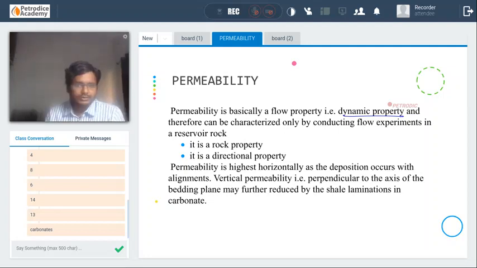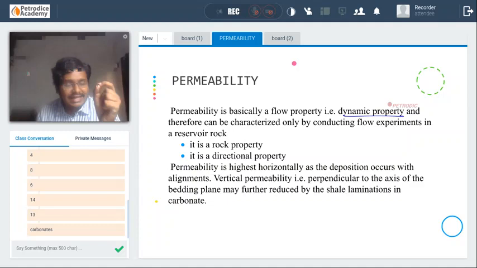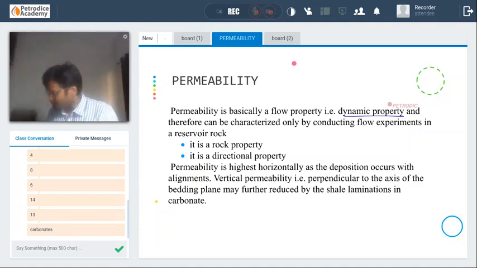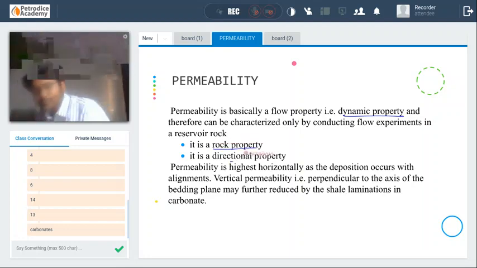Is it computed, guys? See, permeability, as I told you, is a flow property. That means it is allowing the fluid to flow through it. So it is a dynamic property. That is, permeability is calculated by conducting a flow experiment through that particular rock. And you need to remember it is a rock property and it is a directional property.